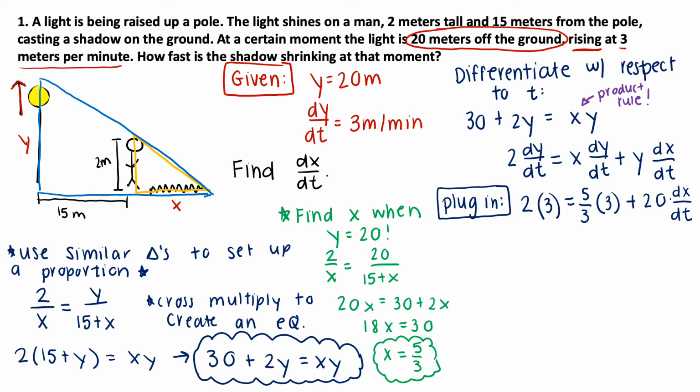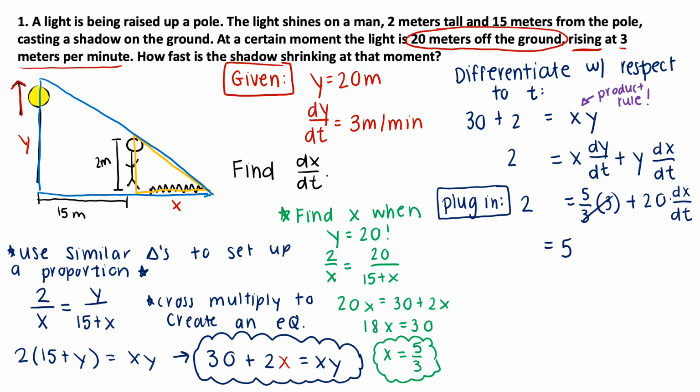So we get 6 equals, this becomes 5. Hold the phone. Okay, total false alarm. Don't be mad, but this is wrong because really, back it up, I totally messed up.